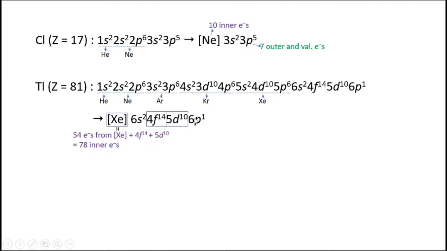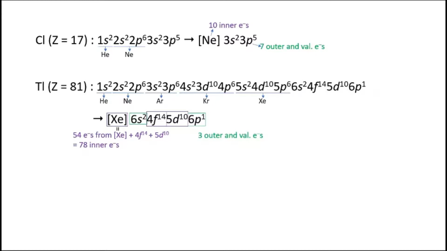Your outer electrons will include the 2 electrons from your 6s and 1 electron from your 6p, to give you 3 outer electrons. And because this is a main group element, the number of outer electrons is equal to the number of valence electrons. So 6s2 and 6p1 give us our 3 outer and valence electrons.